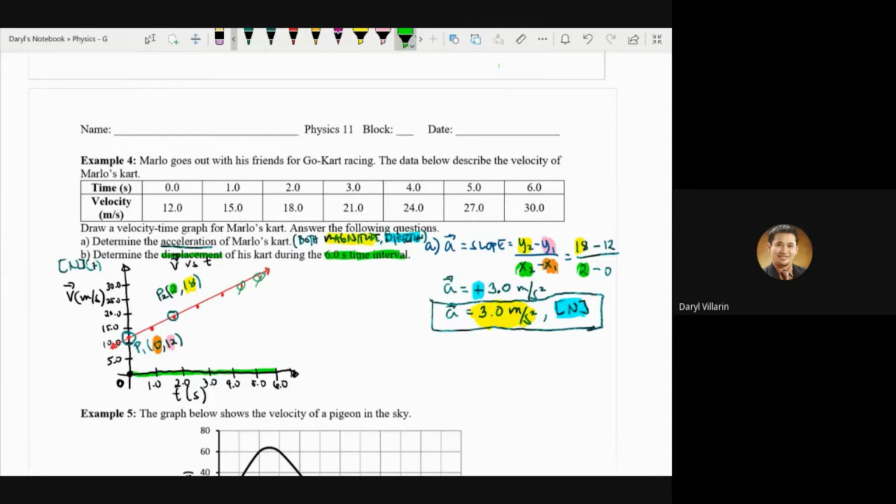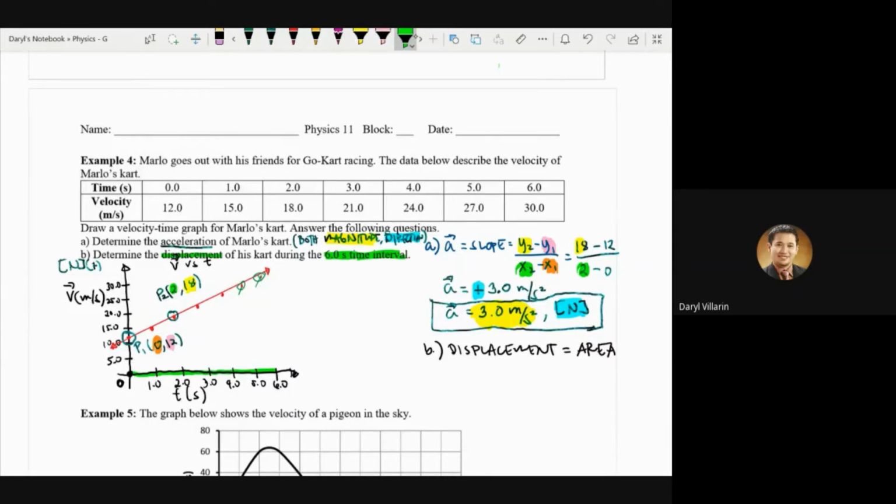To answer letter B, based on our discussion earlier, the displacement is just equal to the area. Area under the curve, or under your graph.